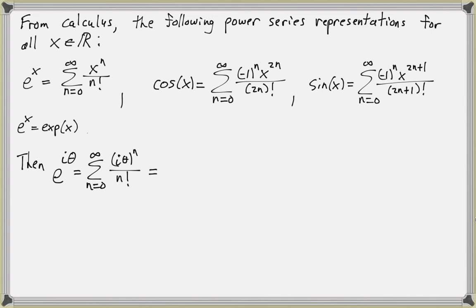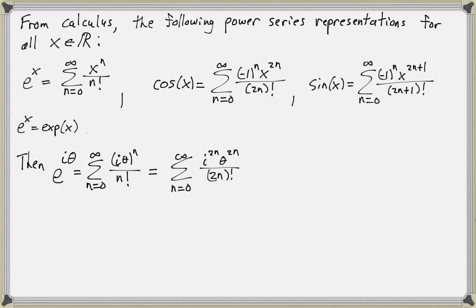And I'm going to break this power series up into the even and the odd powers of n. So I'm going to write this as the sum n equals 0 to infinity, where now I'm just going to single out the even exponents, so it's going to be i to the 2n times theta to the 2n over 2n factorial.